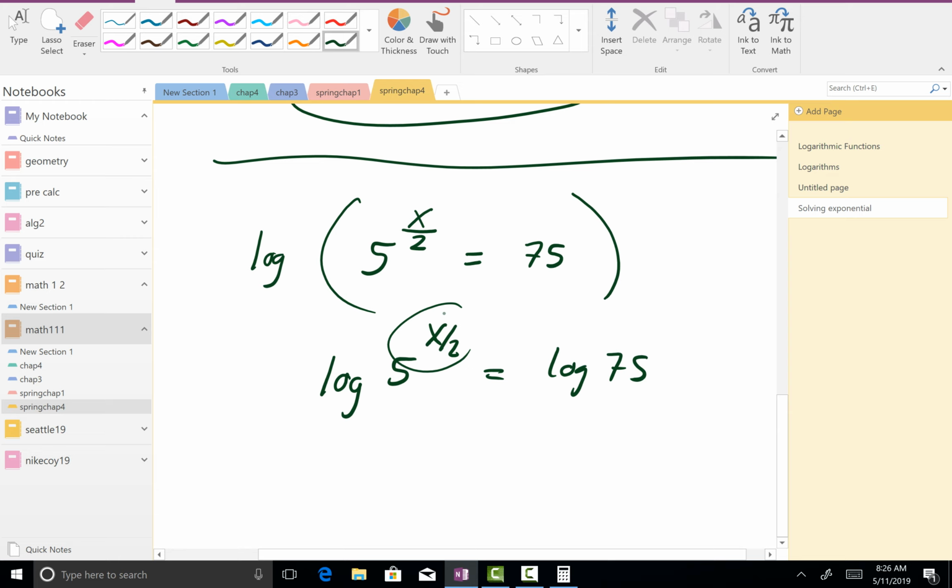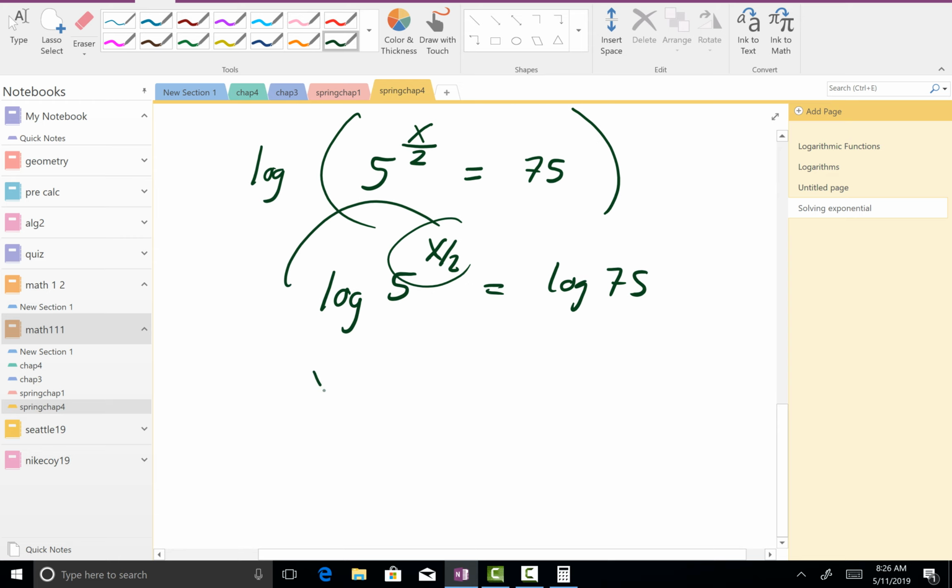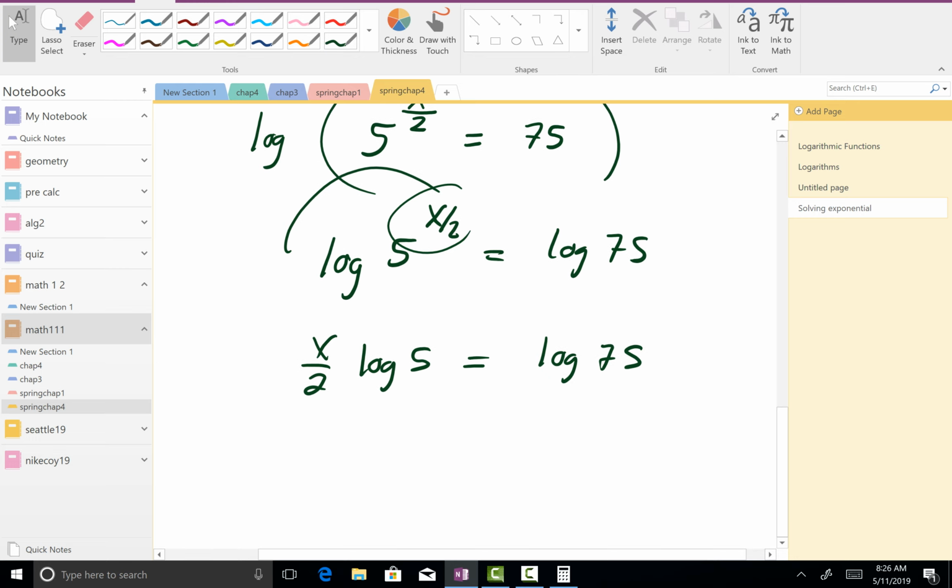This is always going to pop out in front. So then once that's out in front, then you just got to solve it. It's just a normal equation. Don't let the log thing throw you.